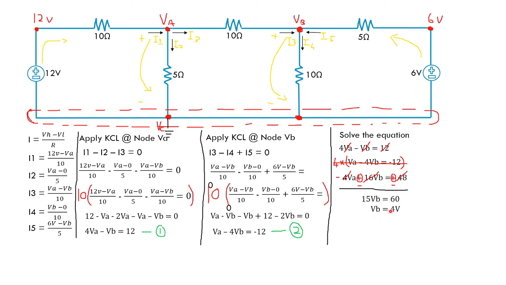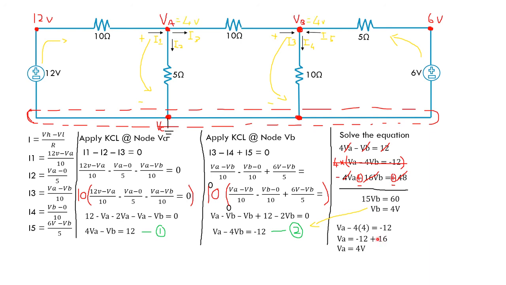And we're going to use this VB and put it into the second equation to find VA. VA minus 4 VB, which is 4, equal to negative 12. So VA is equal to negative 12 plus 16. VA equal to 4 volt.